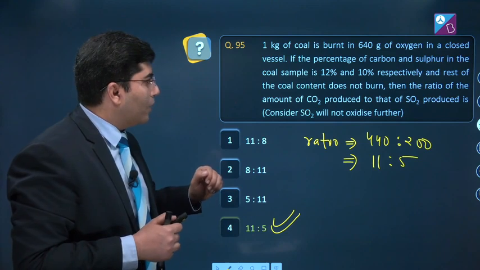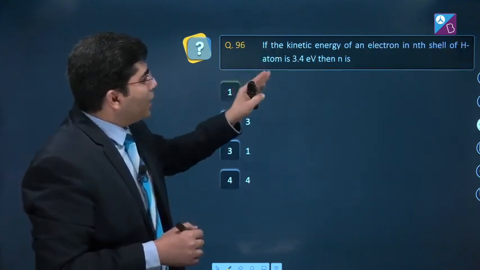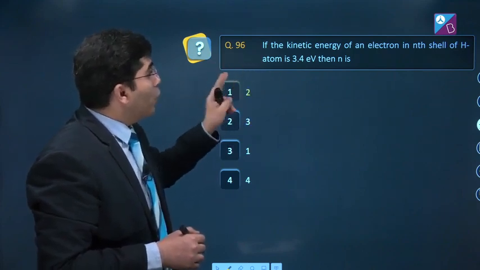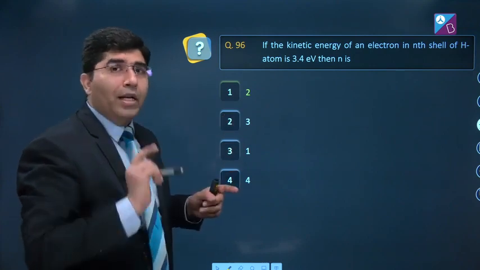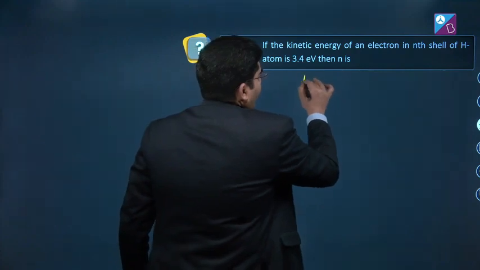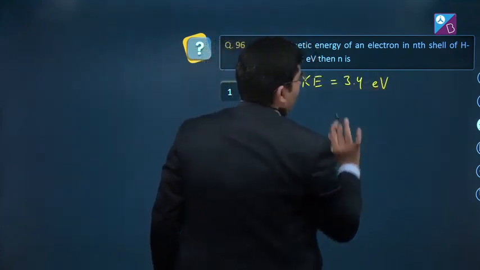The answer is the 4th option. The next one is, if the kinetic energy of the electron in nth shell of hydrogen atom is 3.4 electron volt, then n is, we have to find out the shell number. So what we can do is, kinetic energy is given to us, that is 3.4 electron volt.